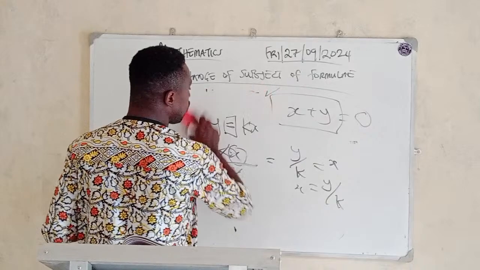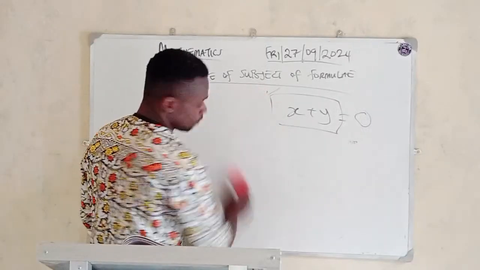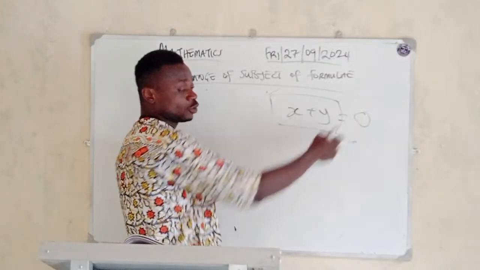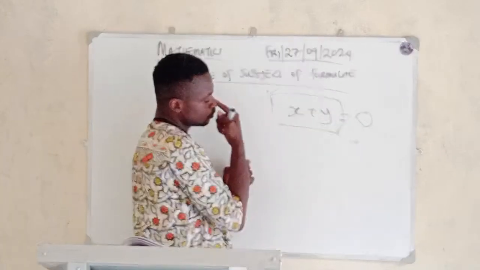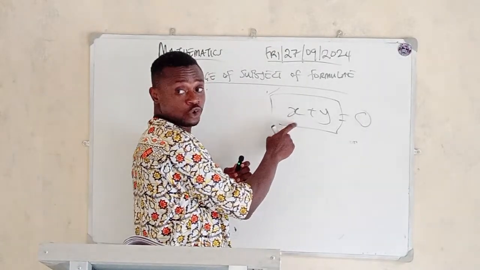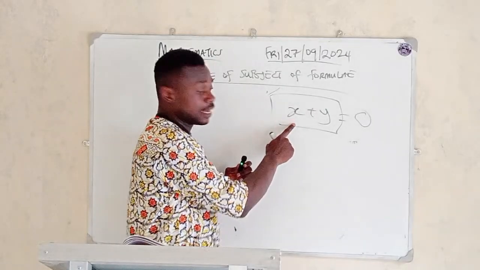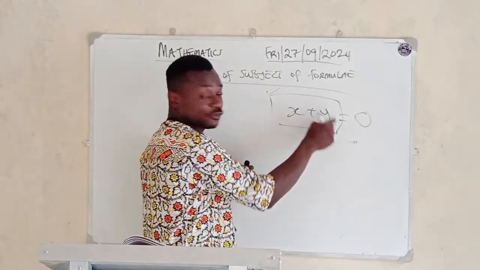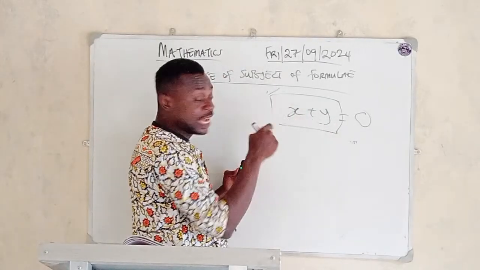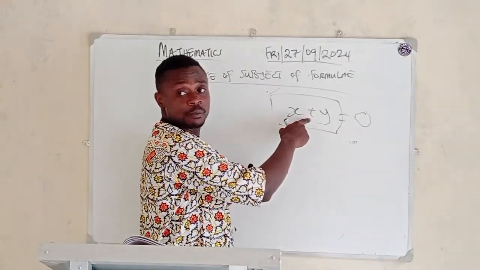Now, sometimes you may have an equation something like this. Look at this one: x plus y is equal to 0. And you want to make x the subject of the formula. What is here is x plus y. The operation between x and y is plus.